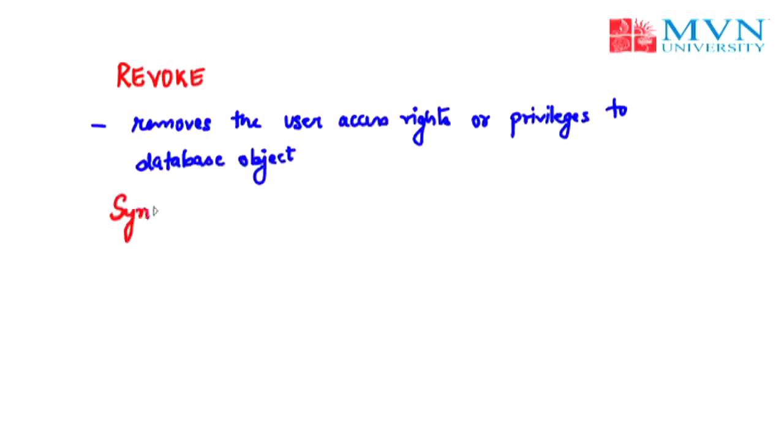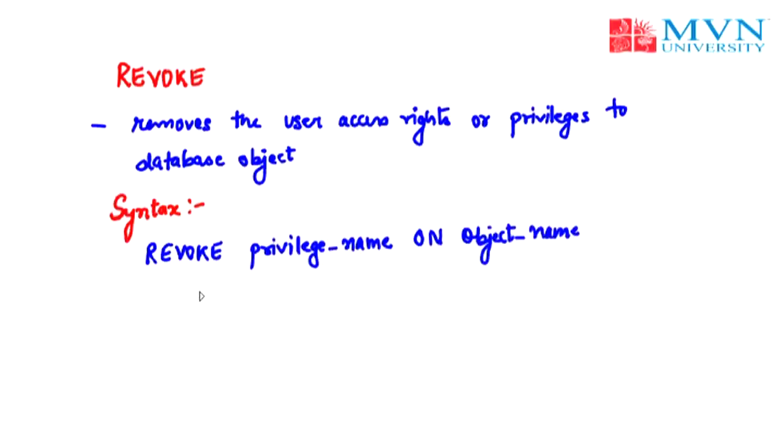Now, the syntax for writing the revoke command is revoke privilege name on object name from username. Here, the privilege name is the access right or the privilege granted to the user, and some of these access rights are all, execute, select.